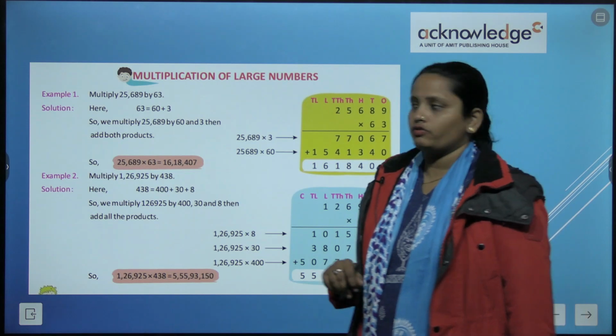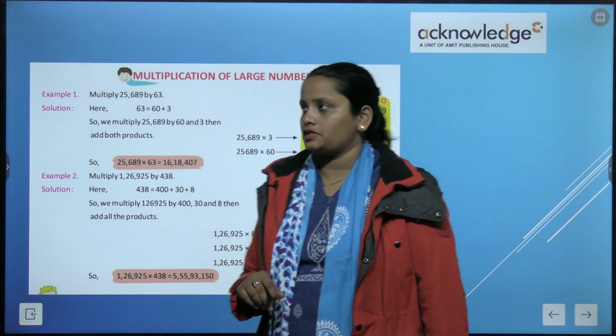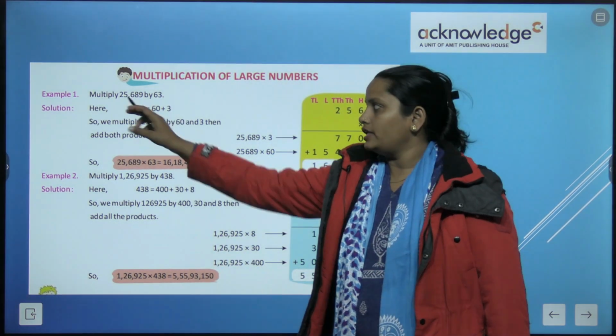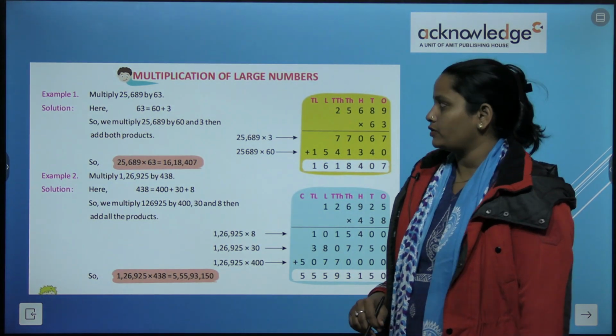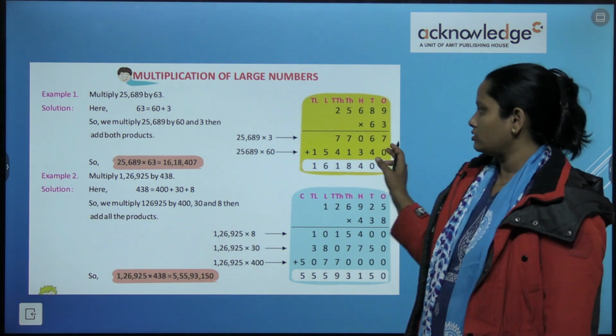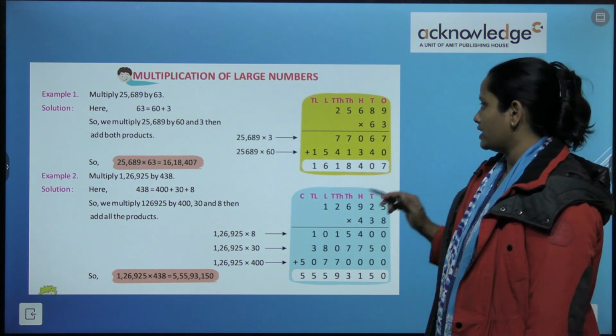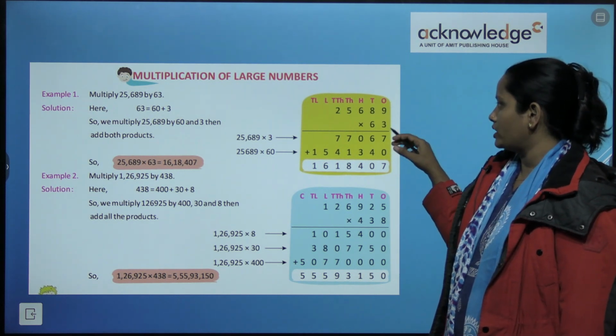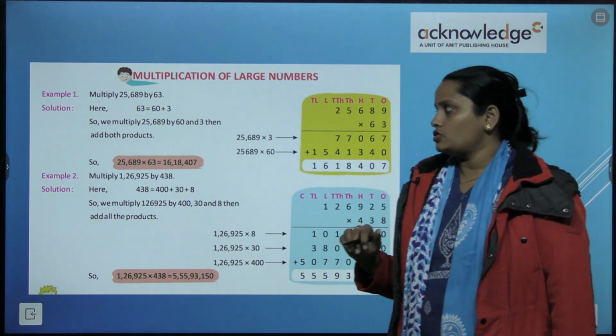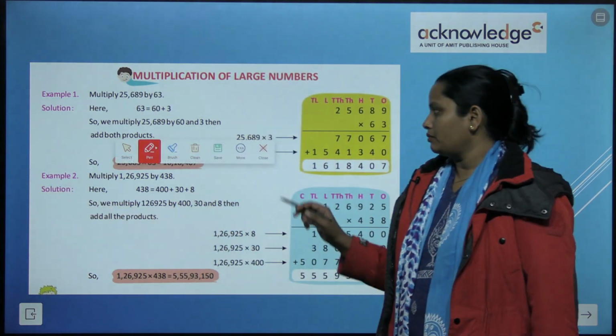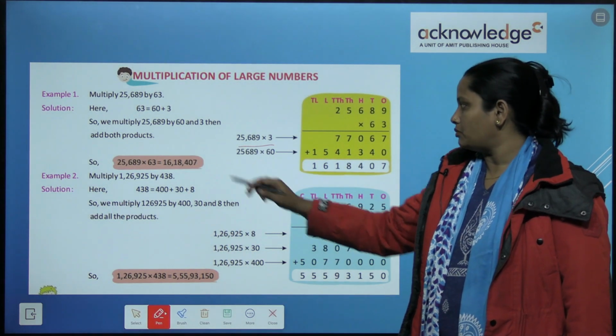Now multiplication of large numbers. Large numbers को कैसे multiply करना है? So let's see the example here. We have to multiply 25,000 with 63. So जब भी हमें multiplication करना होता है पहले हम इस ones वाले digit से multiply करते हैं. तो पहले हमने 3 से इस पूरे number को multiply किया.